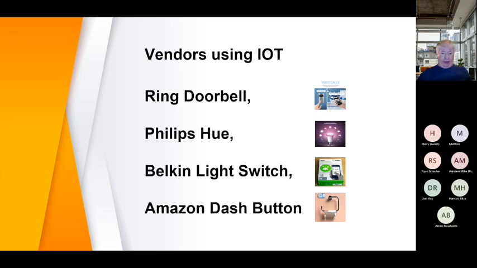These are all IoT devices. The Belkin light switch, like, if you're going away on holidays and you want to turn the lights on, to let the burglars know that there's somebody at home. And Amazon is in on it as well with the Dash button, so you'll never run out of toilet paper again.